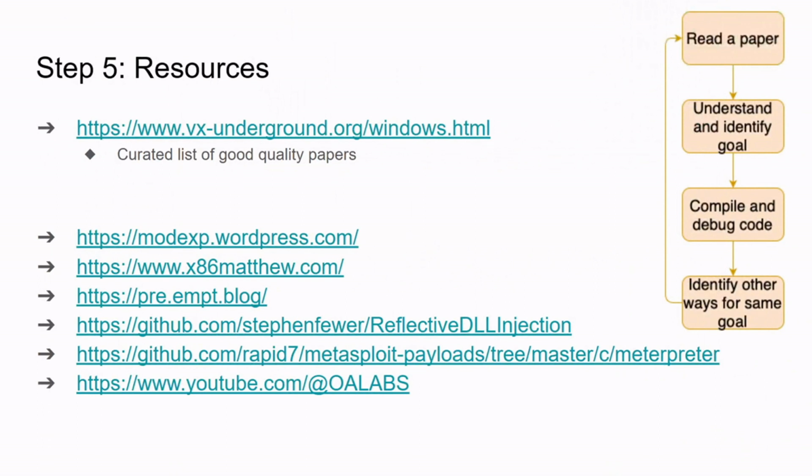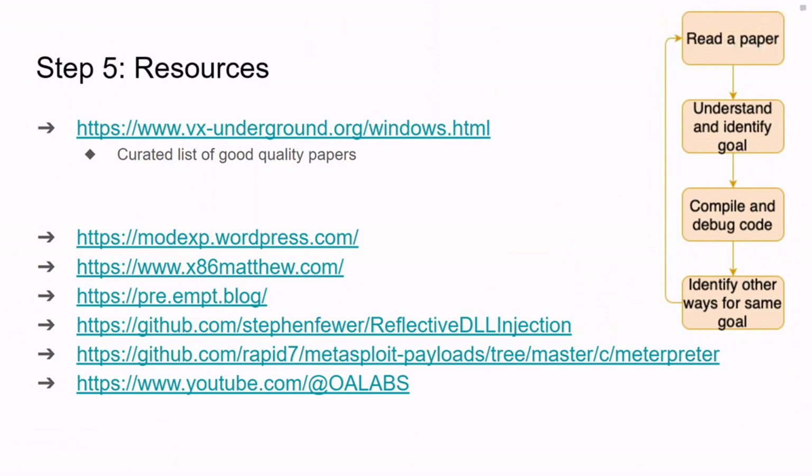Resources, as I said before: VX Underground is amazing. I learned an incredible amount from VX Underground, and the way I'd approach it is I'd look through their Windows HTML index and find a paper that looked interesting to me, so I had the motivation. If it had a paper associated with it, I'd read through the paper and Google whichever words I didn't understand.